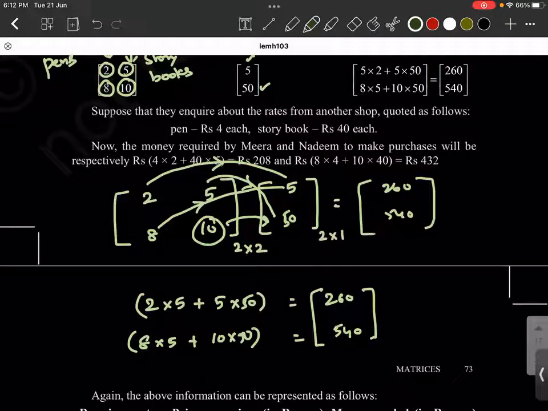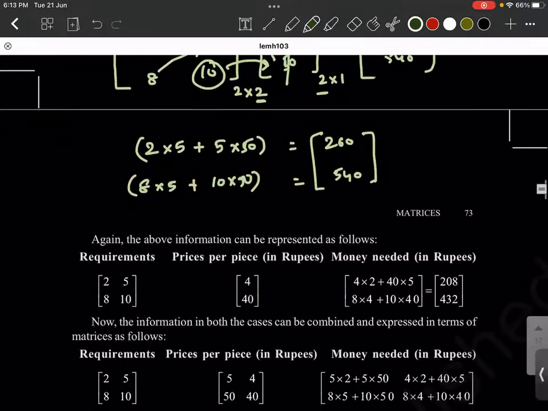In the sense, the number of columns of the first matrix should be equal to the number of rows of the second matrix. Then you can start multiplying them. How will you multiply? Rows are multiplied with the values in the corresponding columns. Is that clear? So this is what is called matrix multiplication.